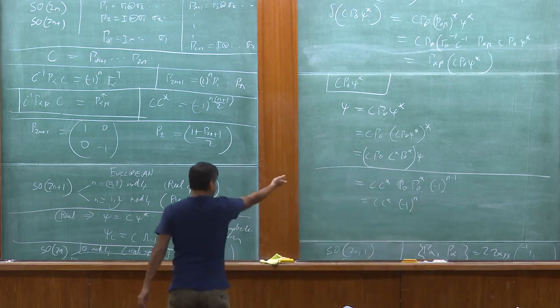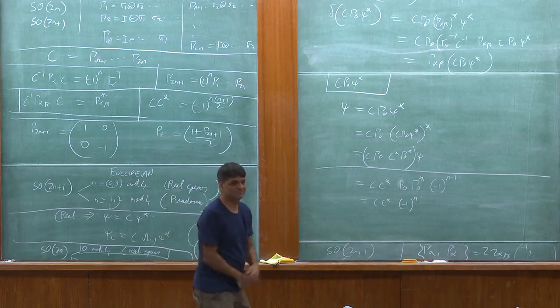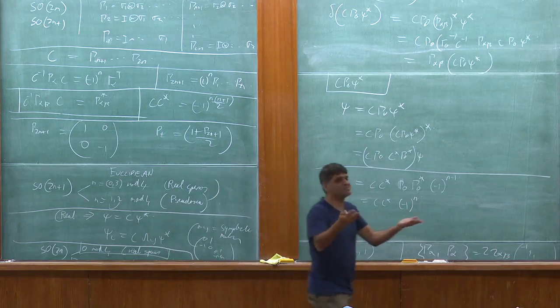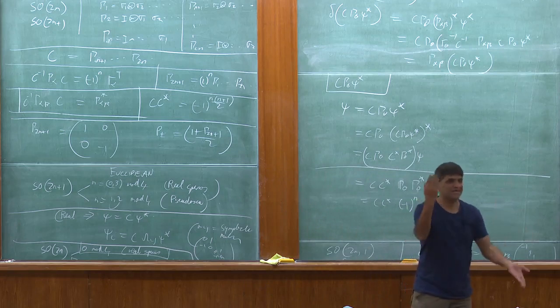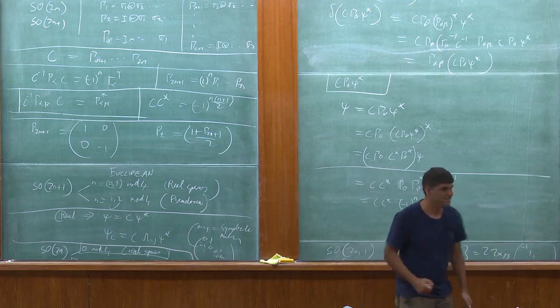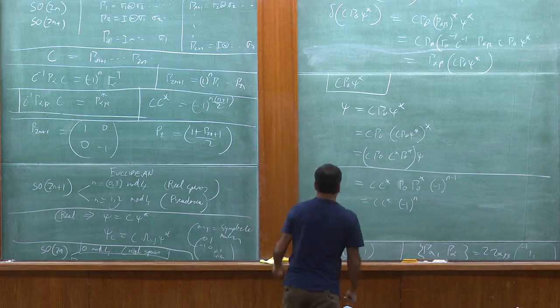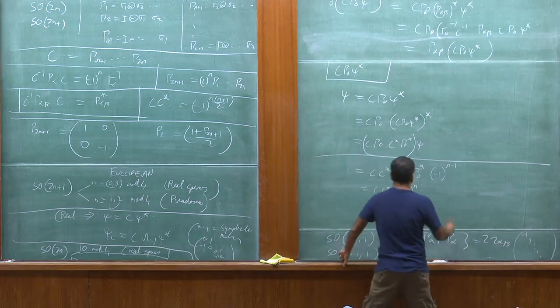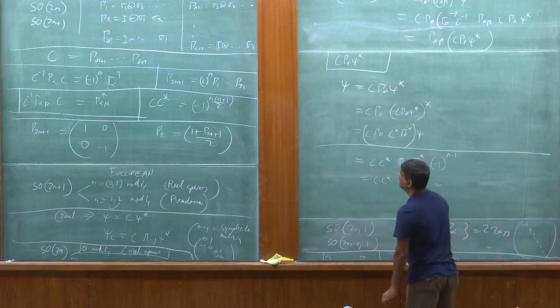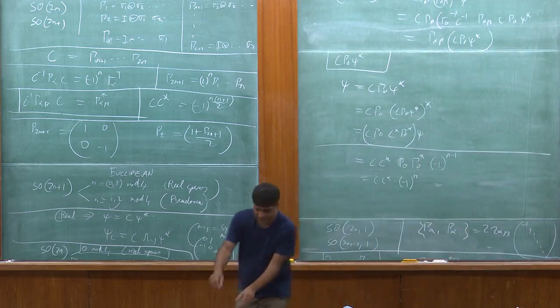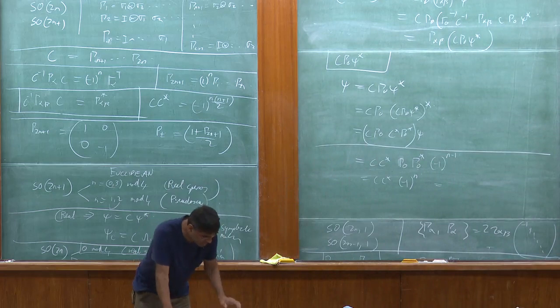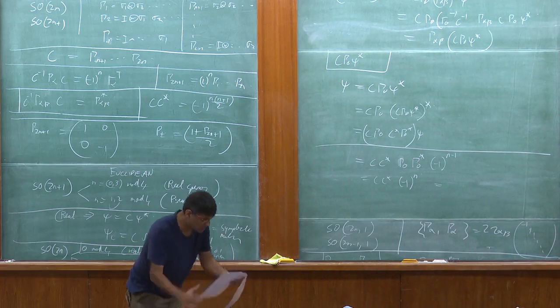But C star is the same as what we had before, because C only changed by a phase, but that phase cancelled out in C star. Okay, so we can read off what C star was from here. Was it n plus 1, n minus 1, just to make sure.